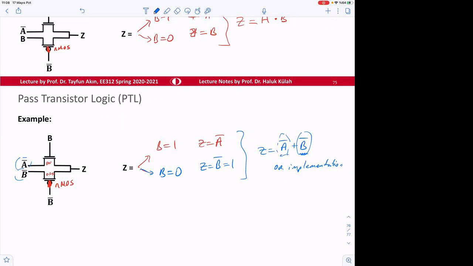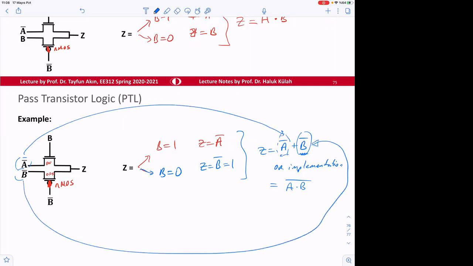If you look from the other perspective, of course, you can say that this thing is A dot B. But if you think that this is the input A, this is the input B, then it's going to be an OR implementation.